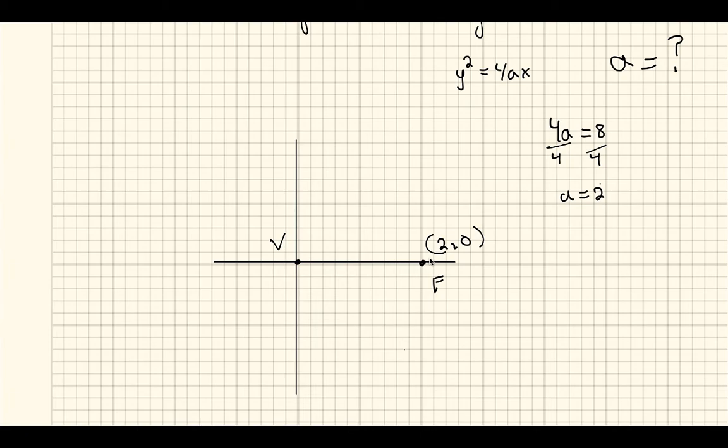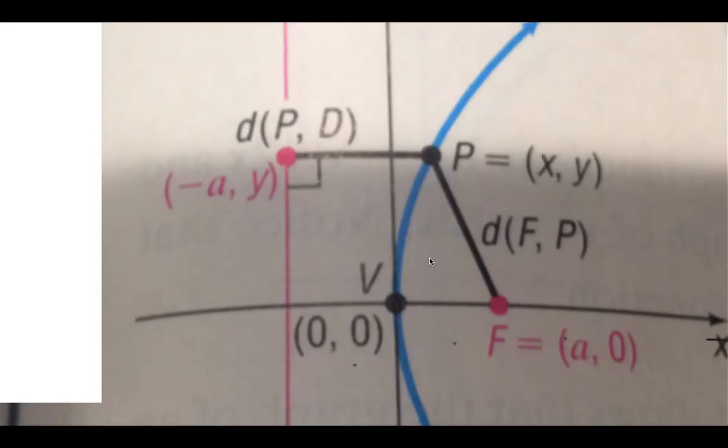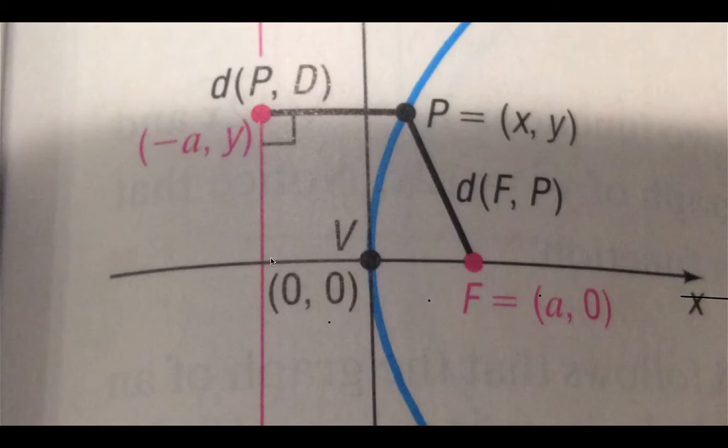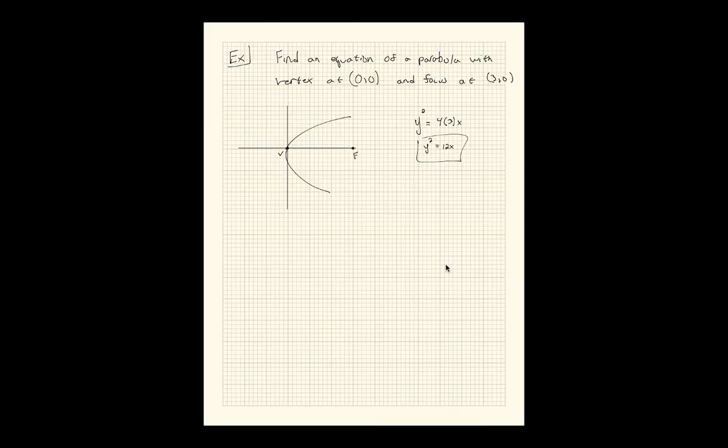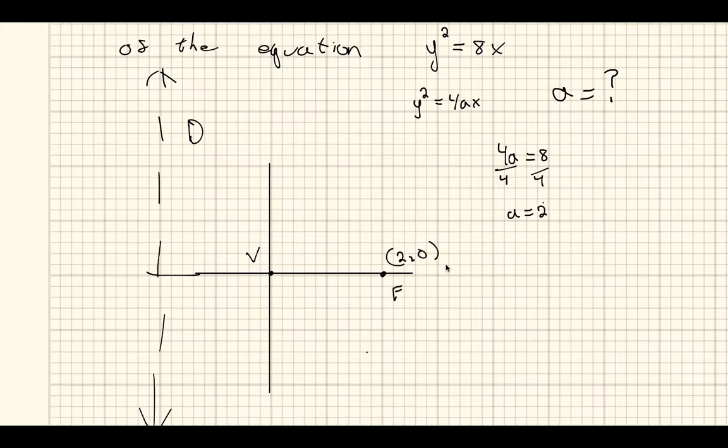Now the directrix, I had mentioned, is the same distance away from the vertex as the focus is. You can see that here. These distances are the same: vertex to the line, the directrix, and vertex to the focus. So that means the directrix over here is x equals -2.